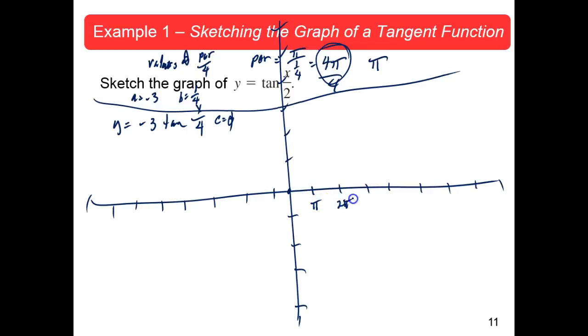Pi, 2 pi, 3 pi, 4 pi, 5 pi, 6 pi, 7 pi, 8 pi. Okay, -pi, -2 pi. Just a second. Let me get these filled in.